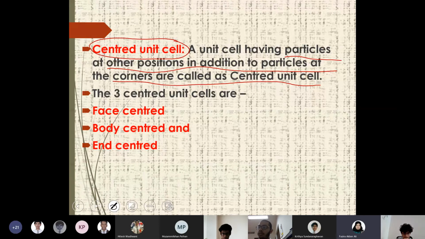Now we have to analyze each of them in detail, like how we did the primitive. Okay, so let's start.